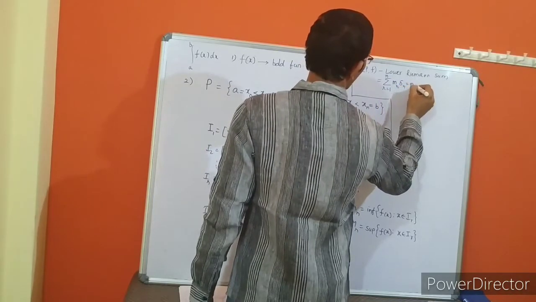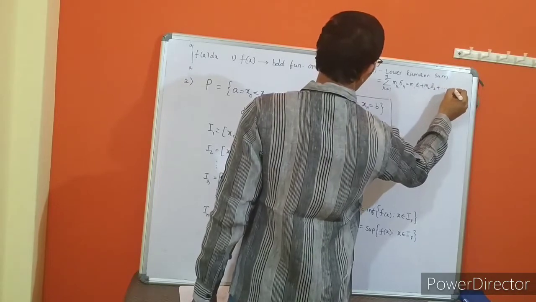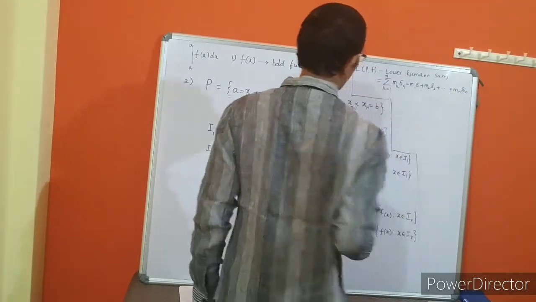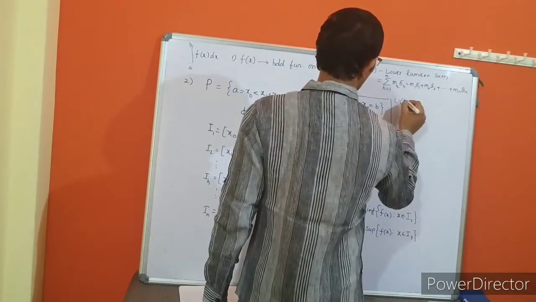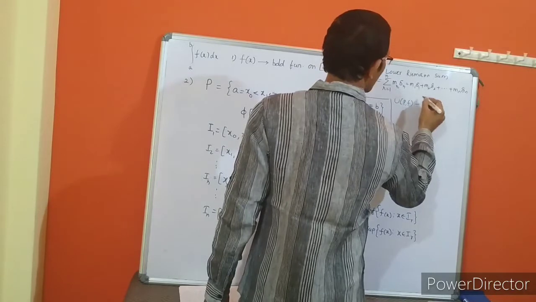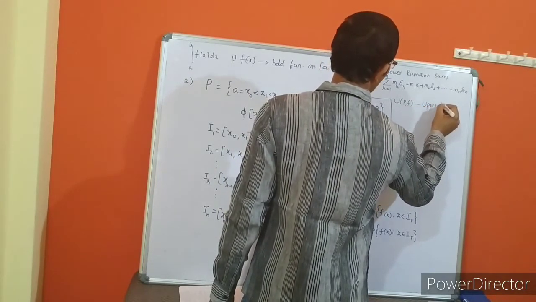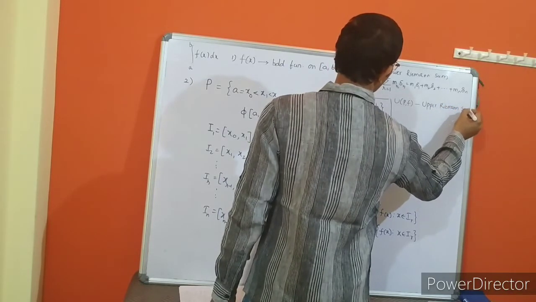That means m1 delta 1 plus m2 delta 2 plus so on plus mn delta n. We have worked out some problems to compute L(P,f) also. Similarly, what is U(P,f)? It is called the upper Riemann sum.